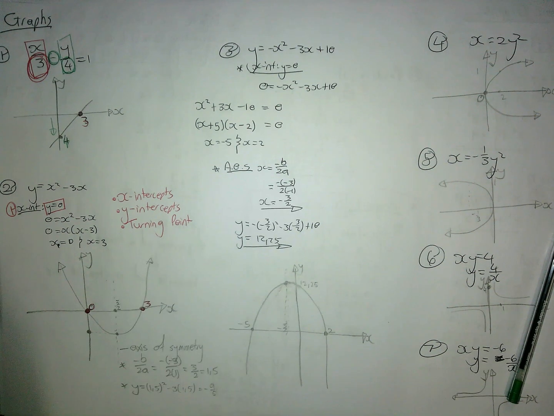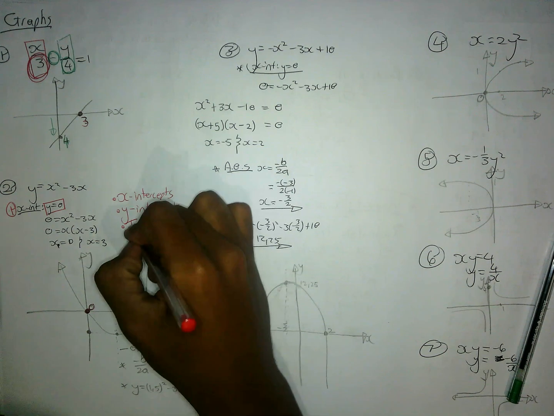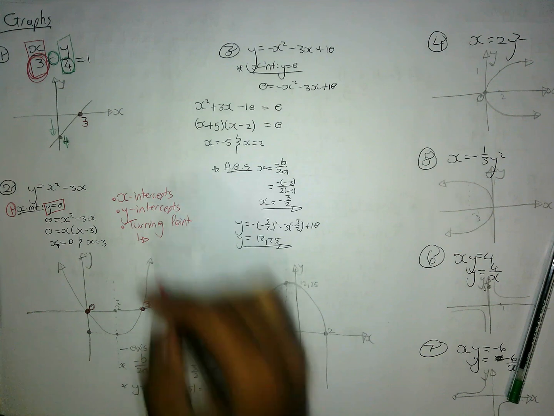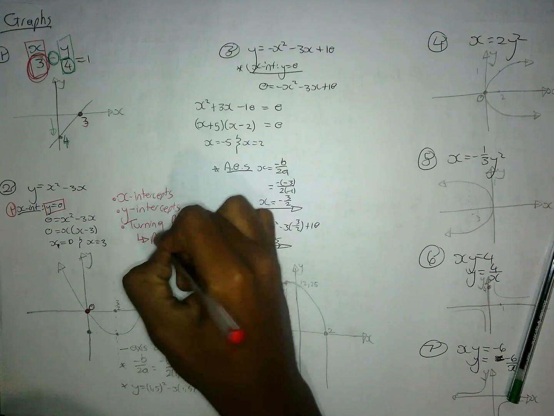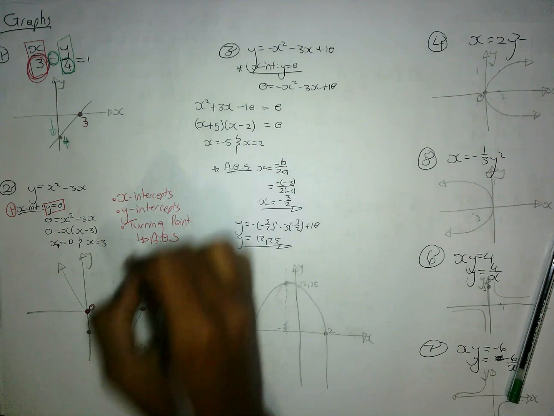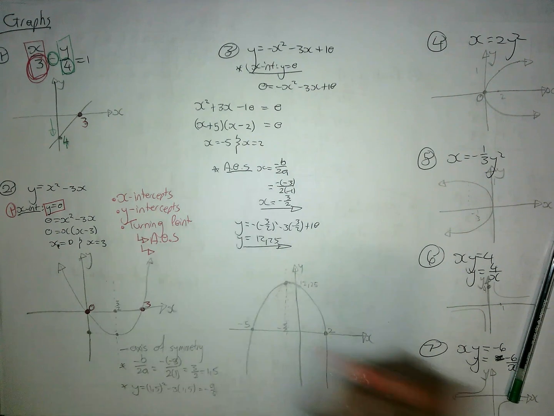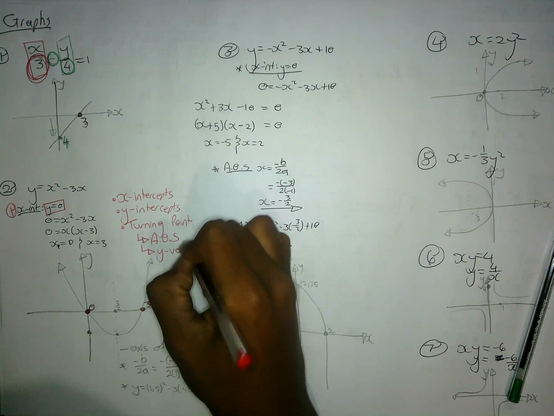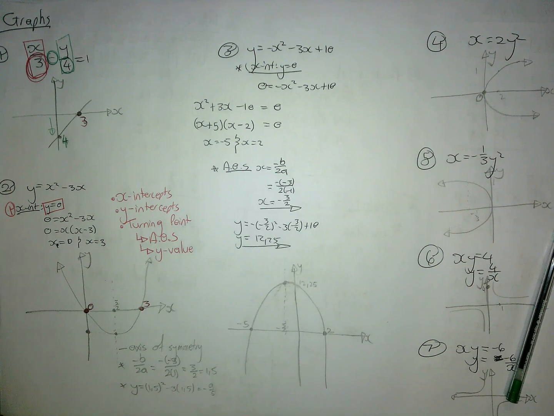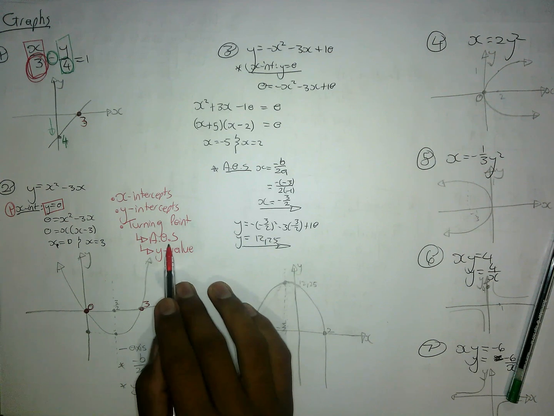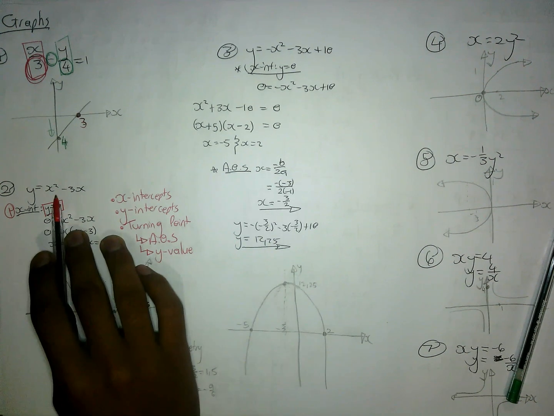Now to get our turning point, it needs a few things also. It needs the axis of symmetry, and it also needs the y value. This y value comes from substituting the axis of symmetry into the given formula.